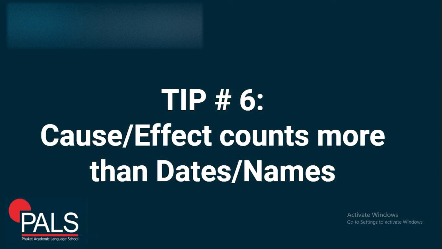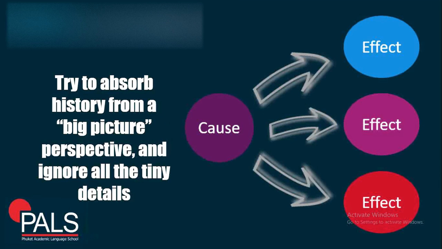You will not be required to know the specific years of major conflicts, although having a general sense of what caused these conflicts and what were the major results will be very helpful. Try to absorb history from a big picture perspective and ignore all the tiny details.